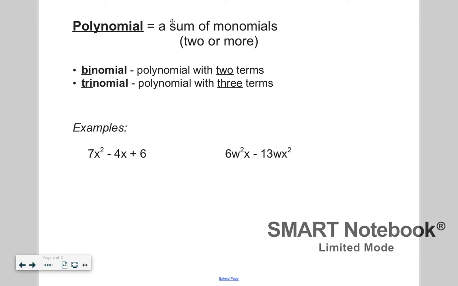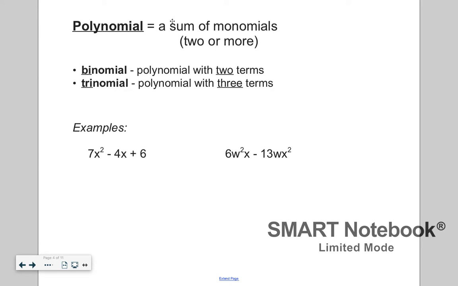So polynomials also have some special names. If there are 3 terms, just like if there were 3 sides of a polygon, we would call that a trinomial. If there's only 2 terms, we call it a binomial. So those are 2 words I threw in here because I'm guessing you have heard those before.